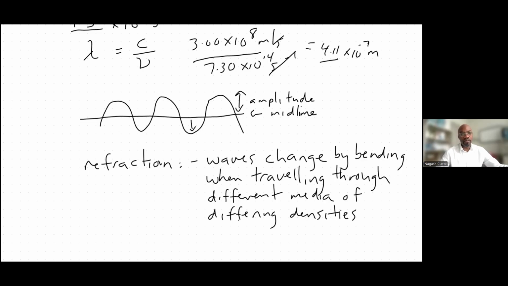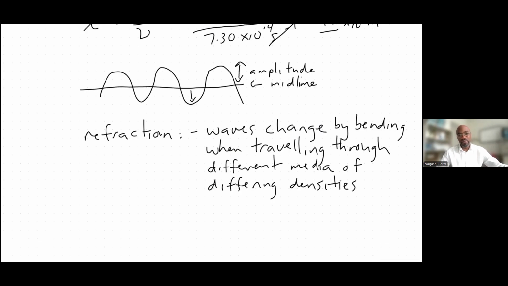We can see this phenomenon, for example, when you're standing in a pool of water and the part of your body that's submerged looks bigger than the part that's above the water. That's because the light waves traveling in air compared to water have two very different densities. So you're going to have bending, and there's also a change in wavelength.